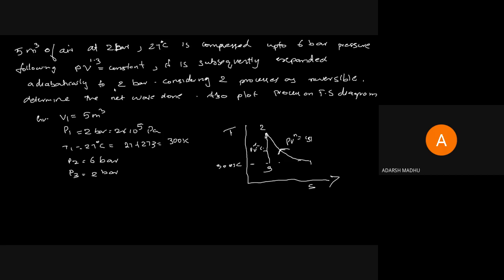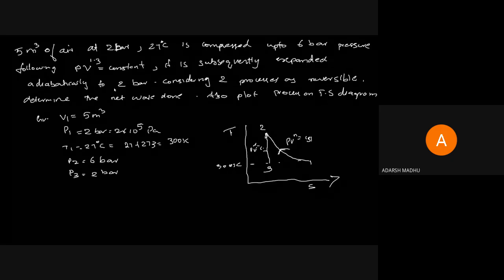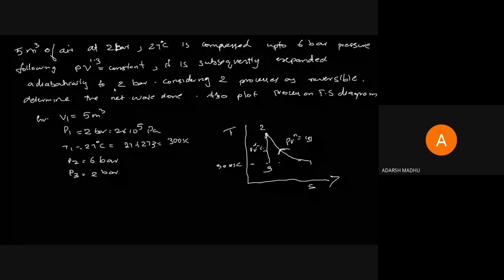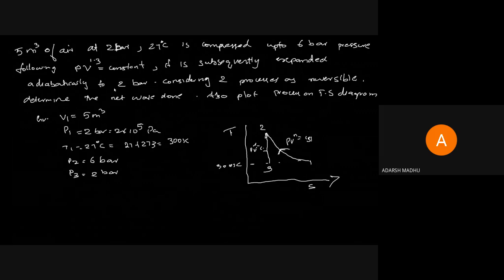P2 is 6 bar, following PV raised to 1.3 equal to constant, which means it is a polytropic process. It is subsequently expanded adiabatically to 2 bar. Considering the two processes reversible, determine the net work done.